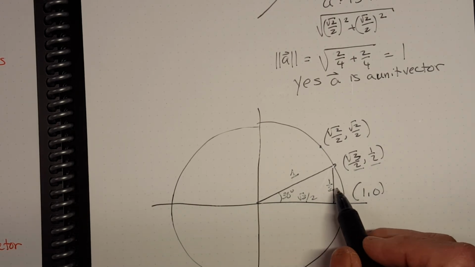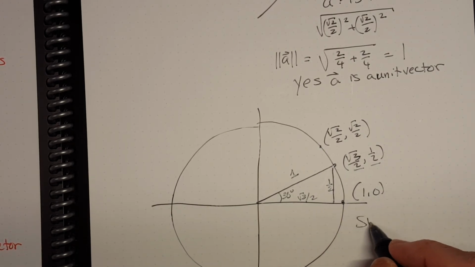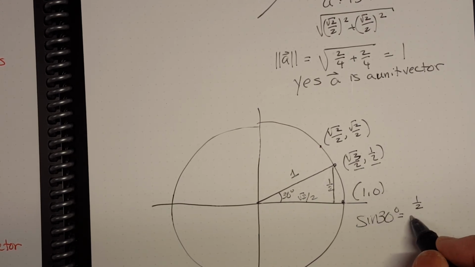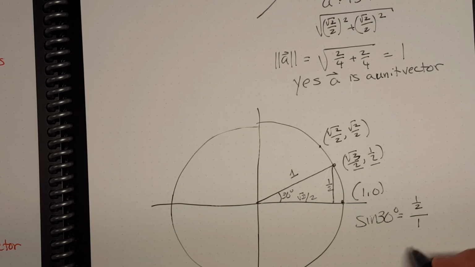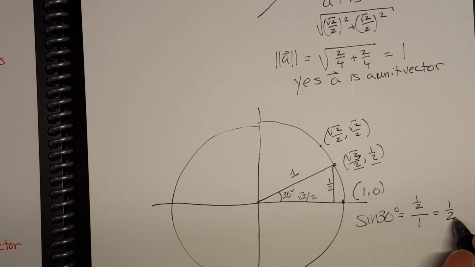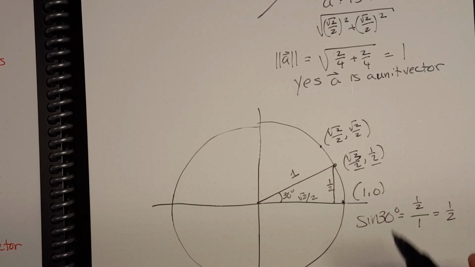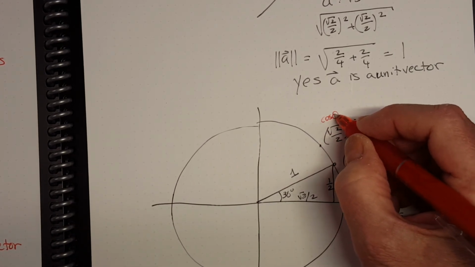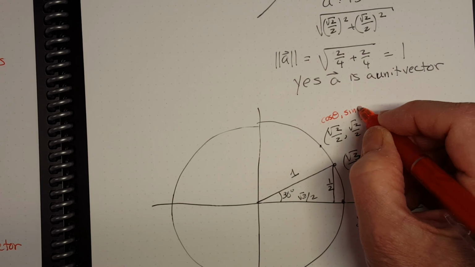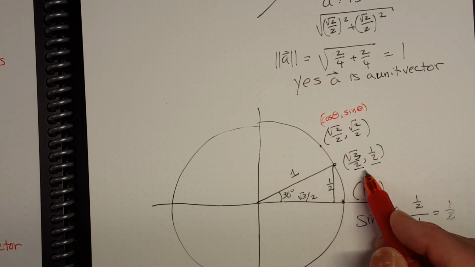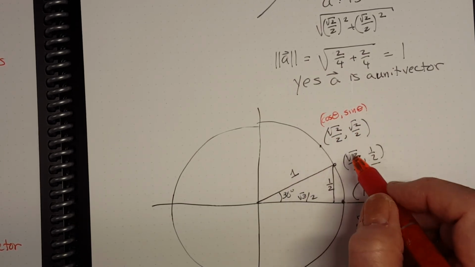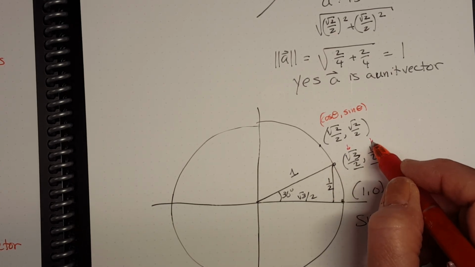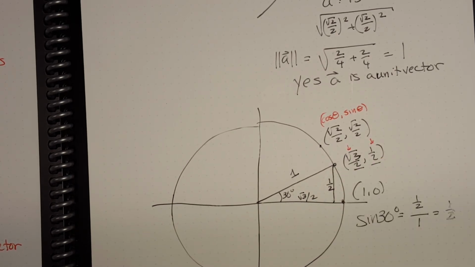But it was more important because if I said the sine of 30 degrees is the opposite, 1/2, over the radius, 1, it turns out that all of these points on our unit circle are, in fact, the cosine of our angle and the sine of our angle. So this is just review. Every point on our unit circle, the x value is the cosine and the y value is the sine.